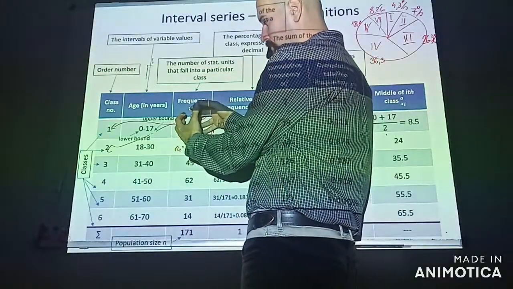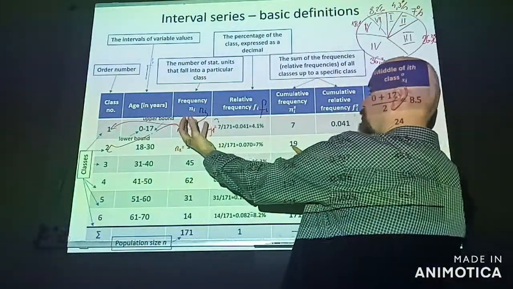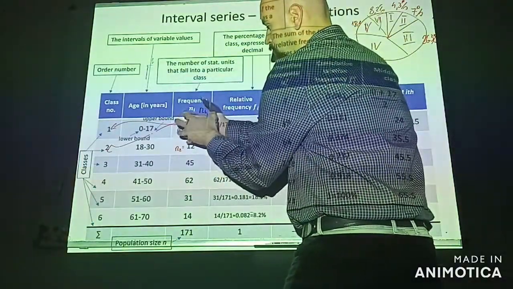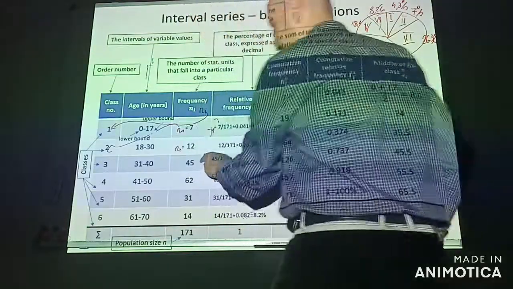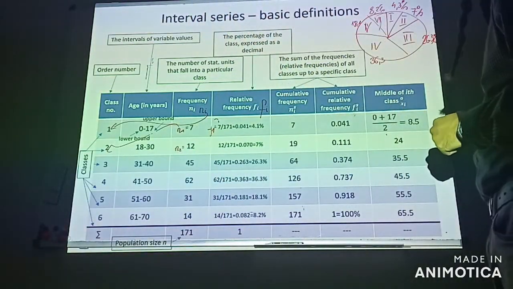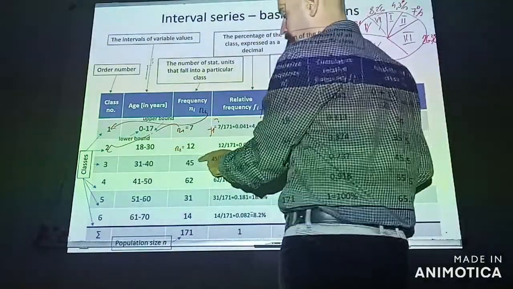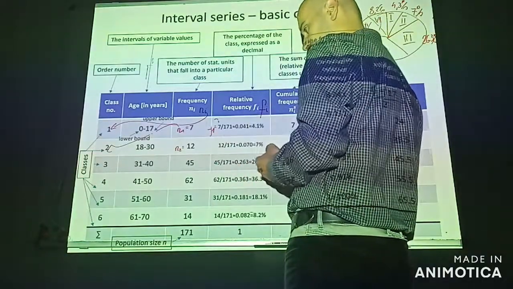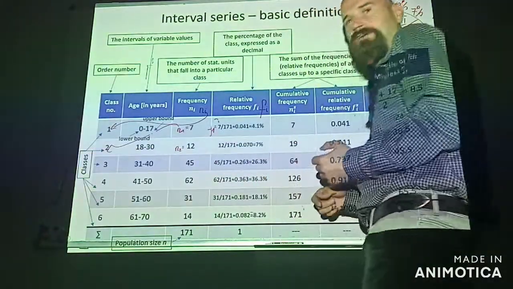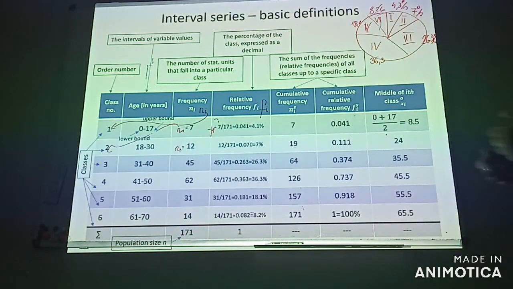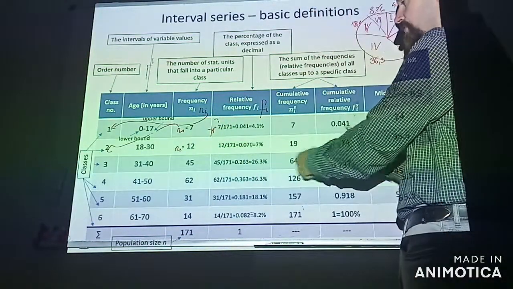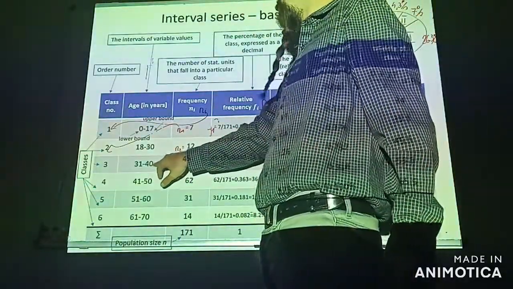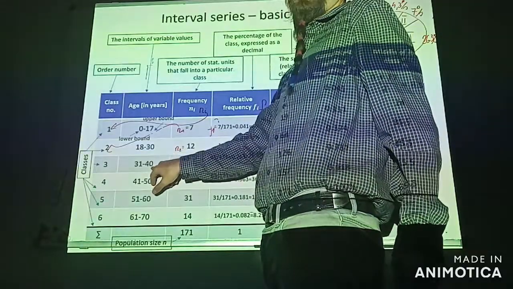Now the snowball has a dimension of 19 people. In the next step, the snowball falls down into the third class and pulls another 45 statistical units. Now the dimension of the snowball is 64. 64 people are characterized by an age not higher than 40.